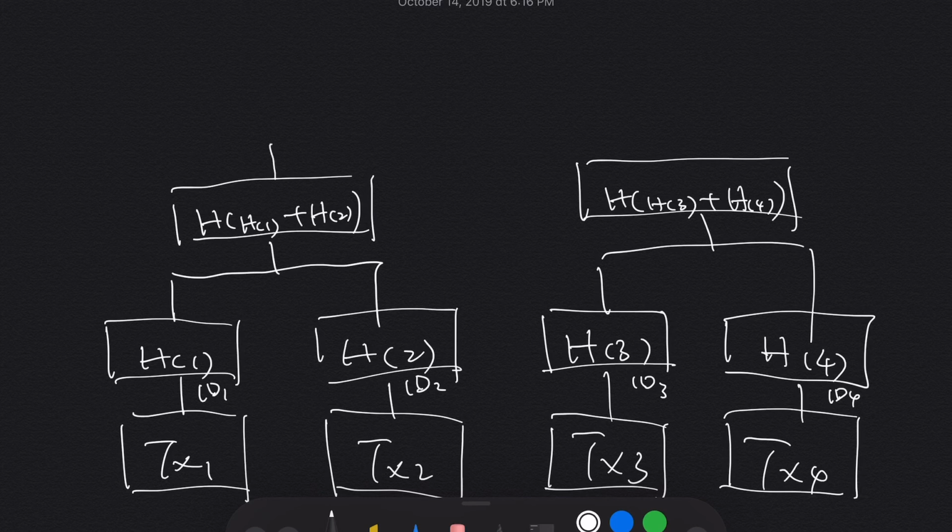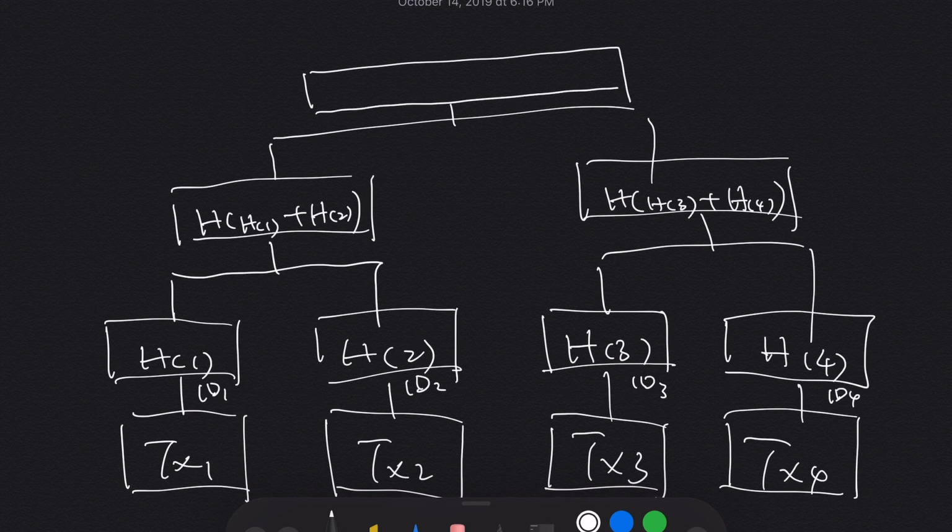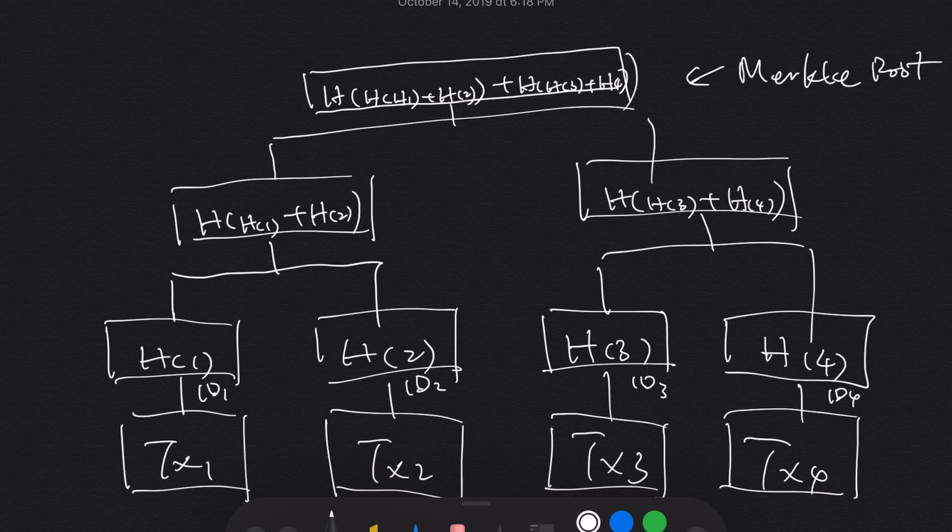We do it recursively until we come up with only one root node, which here is the hash of hash 1 and hash 2, plus the hash of hash 3 and hash 4. So this is the Merkle root.